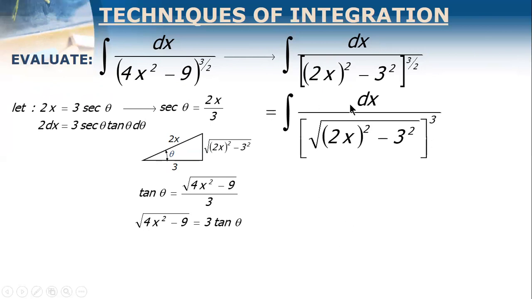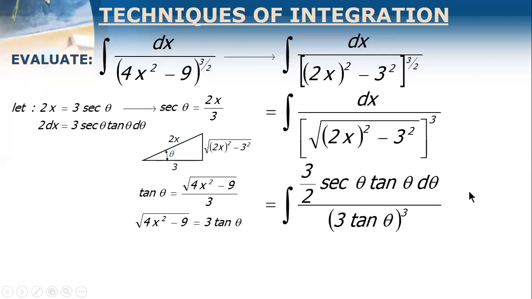And so we can now substitute dx replaced by 3 secant theta tangent theta d theta all over 2, while the square root is replaced by 3 tangent theta, and then cubed. Okay, so let's cancel 1 tangent theta and 1 factor of 3 in the denominator.